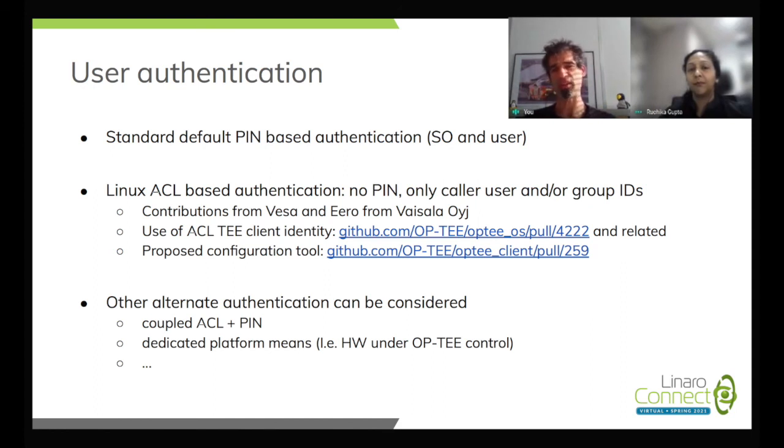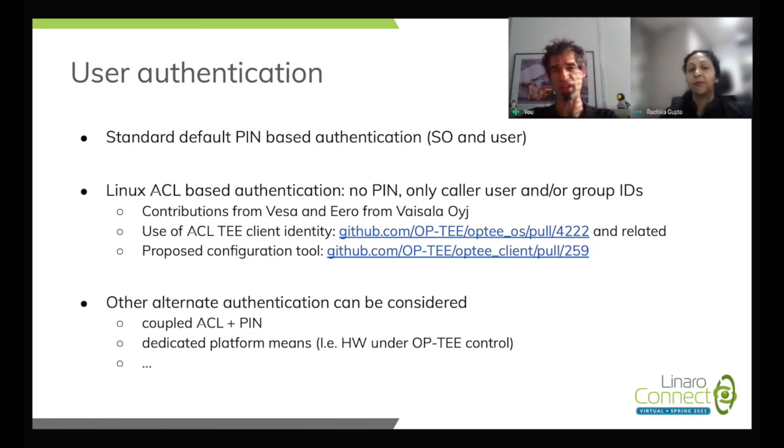where we can benefit from the Linux access control lists and the user and group IDs to allow specific applications to register and to authenticate into the token without needing a PIN that should be stored in the client non-secure world and may be exposed. So all user authentication of the PKCS11 token would be based on the Linux access control list.